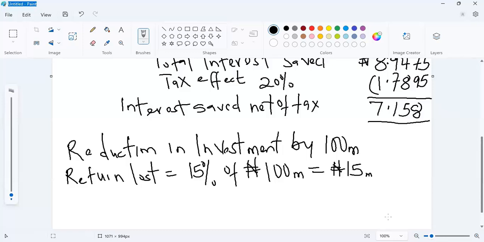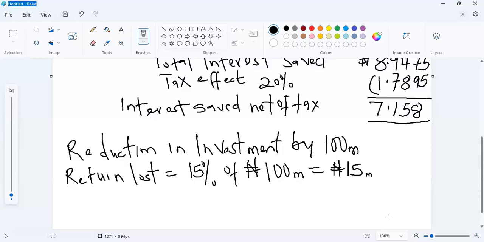Loss of return will affect our profits, our retained earnings, our current asset. By reducing the investments, we are going to lose revenue. Your revenue can either be in form of cash or trade receivables. Either way, it will affect your current assets.